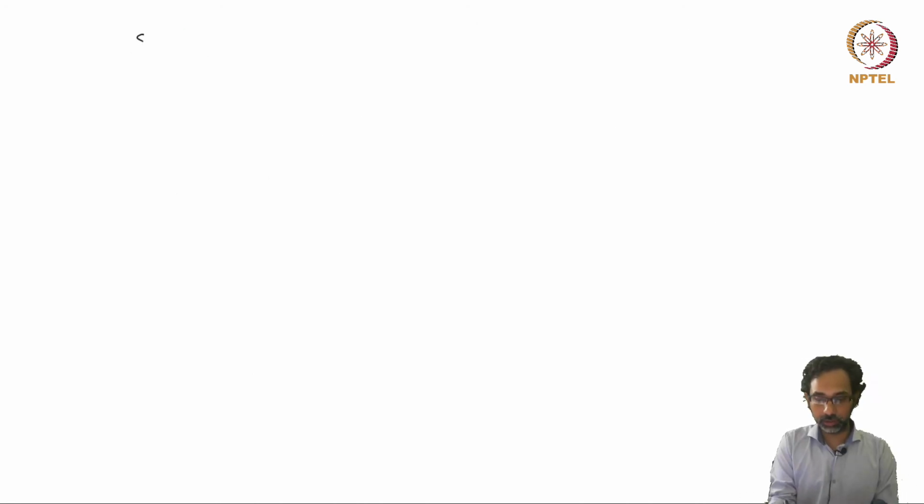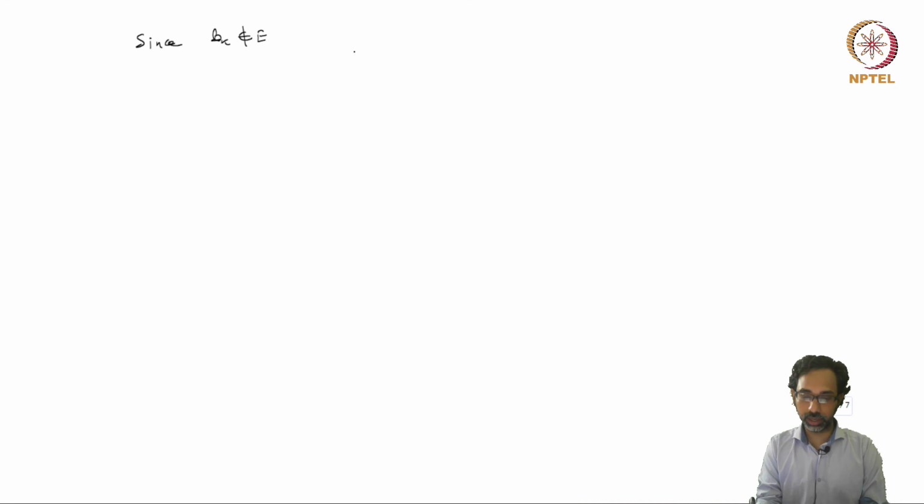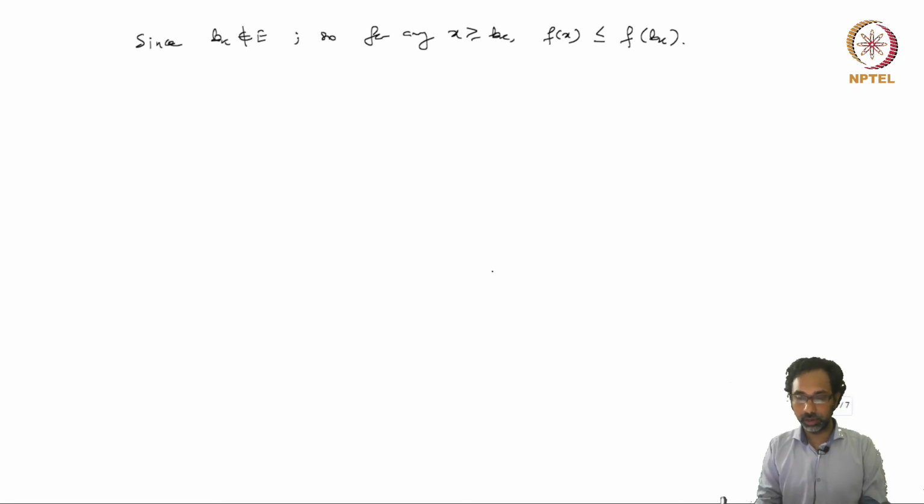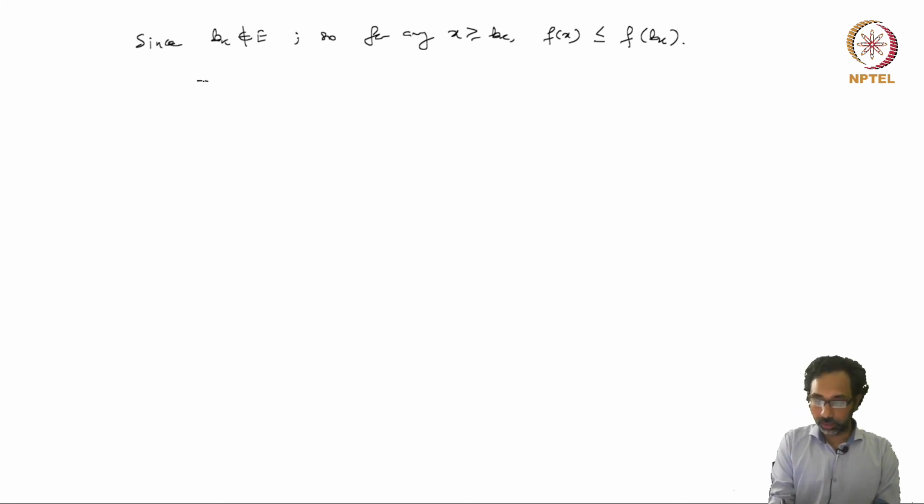Now we also have that bk does not belong to E, so both these endpoints ak and bk did not belong to E. So for any x greater than or equal to bk, we have f(x) less than or equal to f(bk), right?